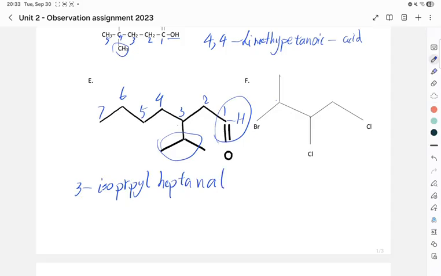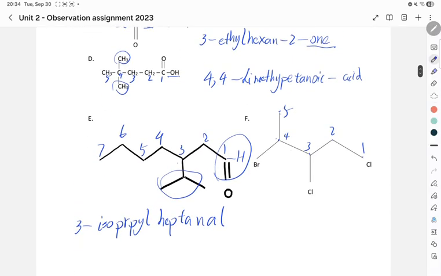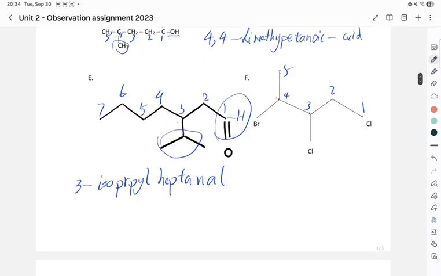For F, we notice the parent chain should be right there. Number it 1, 2, 3, 4, 5. And in order to get the lowest number, we need to number from there. Wait, the parent chain should be right here.